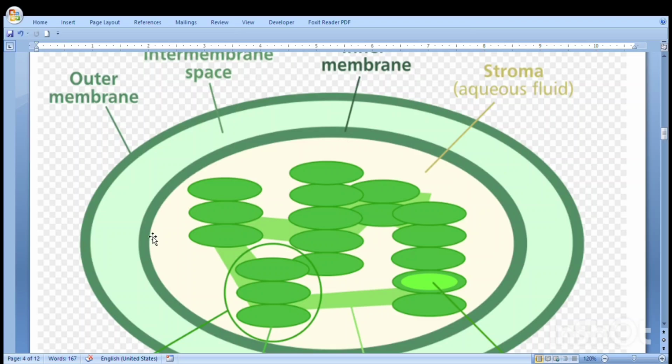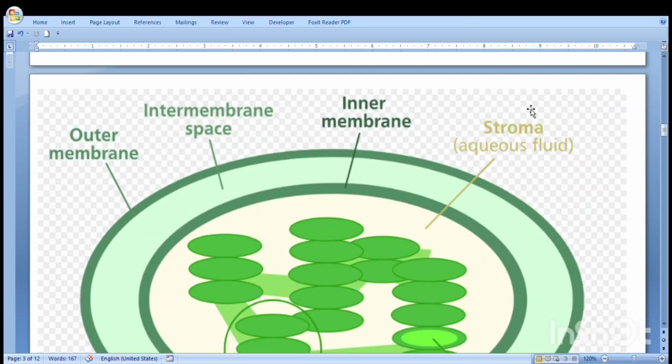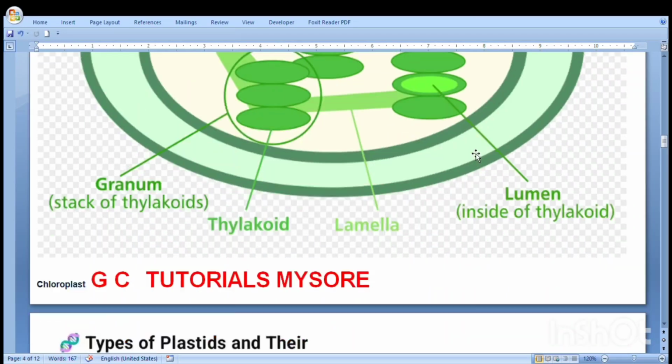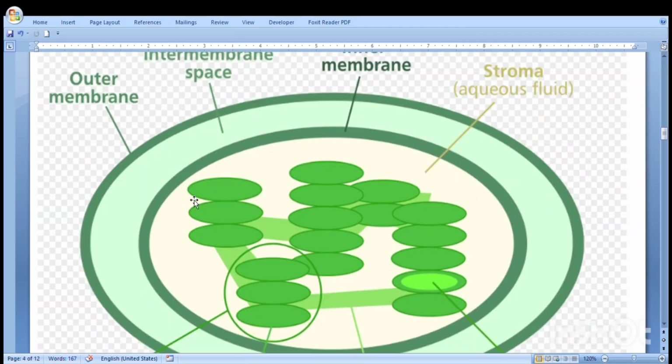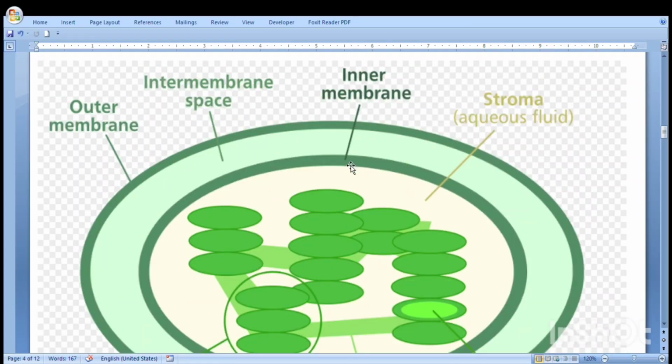Got it? Next come to another important part of the chloroplast, which is the stroma. This stroma is fluid filled. This white color area is the stroma. It is a fluid filled space present inside the inner membrane.